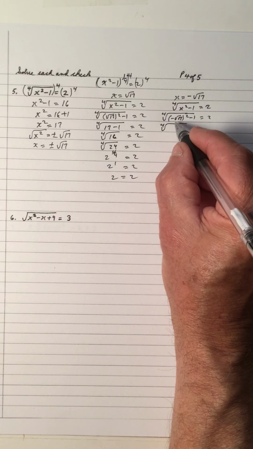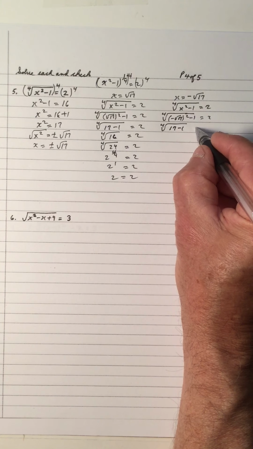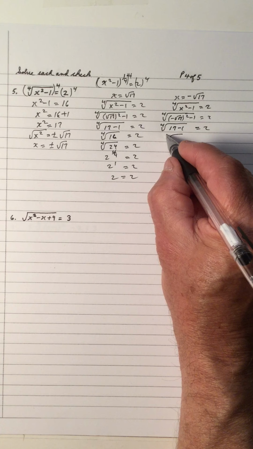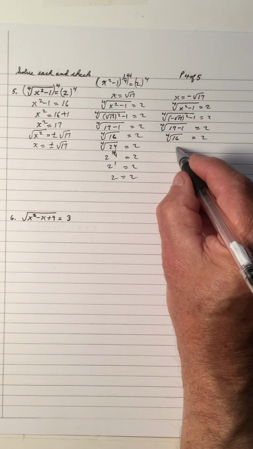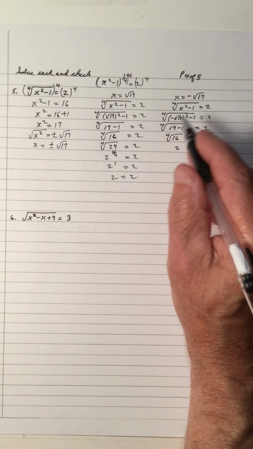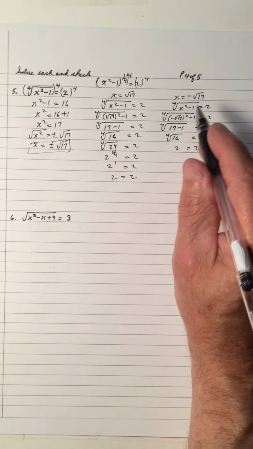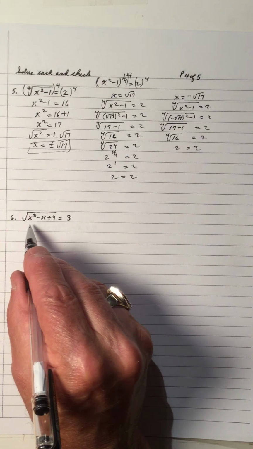Negative times negative is positive. Root 17 times root 17 is 17. The 4th root. 17 minus 1 is 16. Again, the 4th root of 16 is 2. So there's 2 answers to this equation.